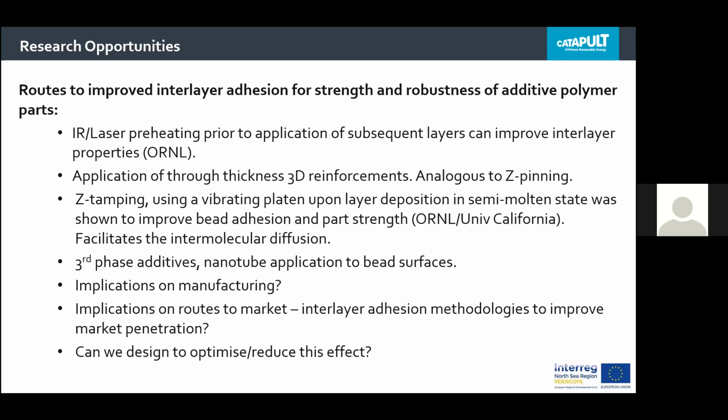Is this going to facilitate better material certification, that kind of thing? And can we optimize the design to be able to reduce this effect? So again, going back to the gyroid structures, will that be able to partly go some way to answering this conundrum?